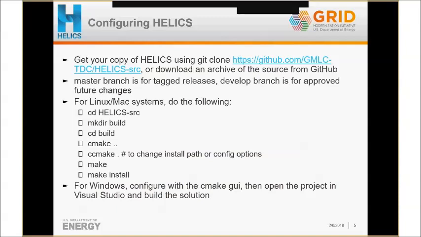On Linux or Mac systems, you can just go into the Helix source code directory in your shell and then make a build directory, go to it, and then run CMake, and then ccmake if you want to change the install path or any other config options for your Helix build, and then run make and make install. On Windows, you can configure everything with the CMake GUI, then open the project it generates in Visual Studio and build the solution.